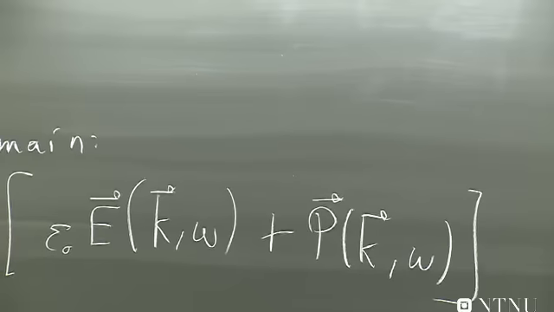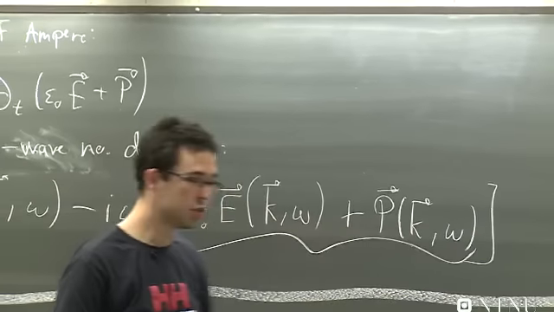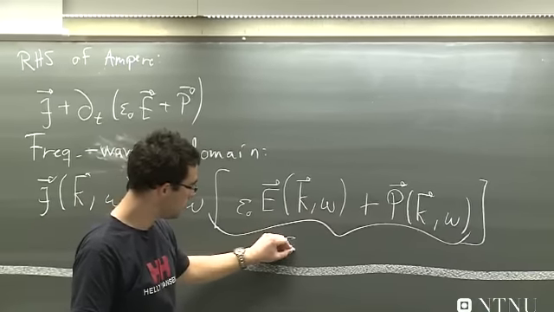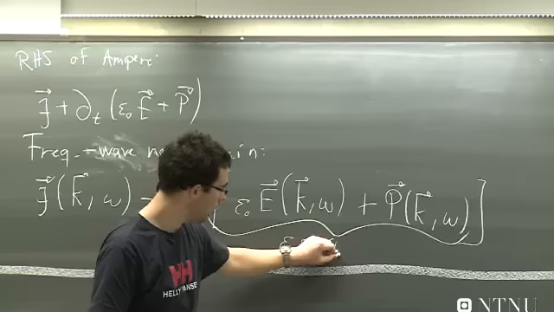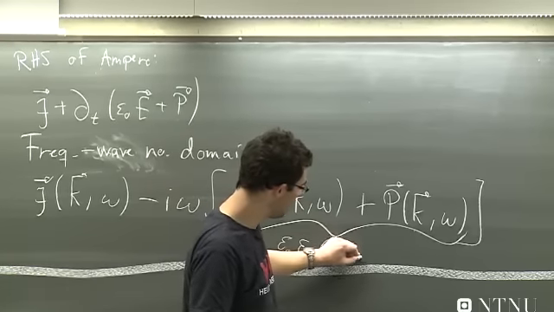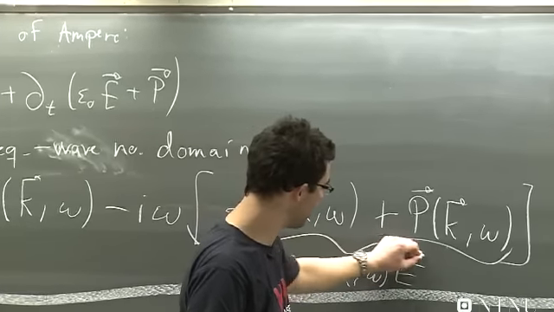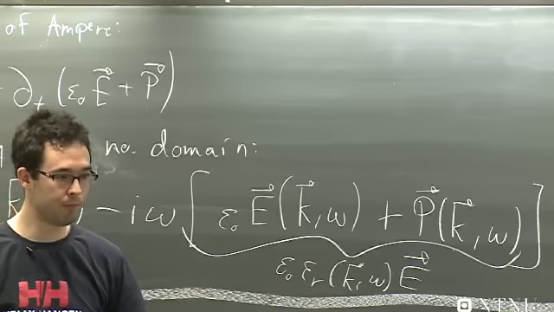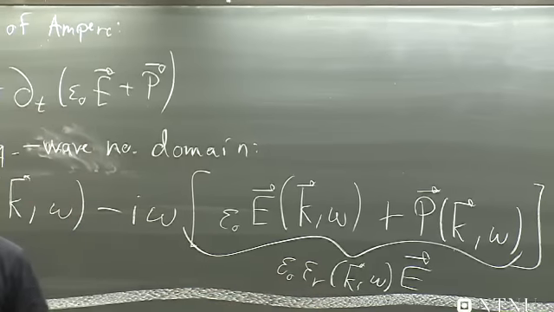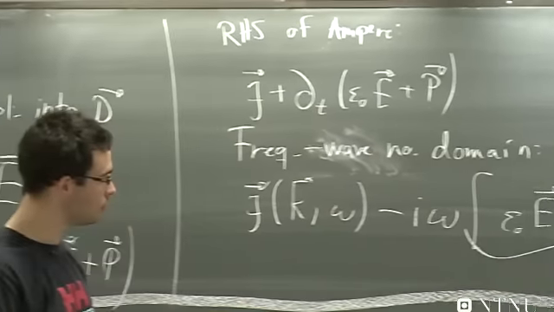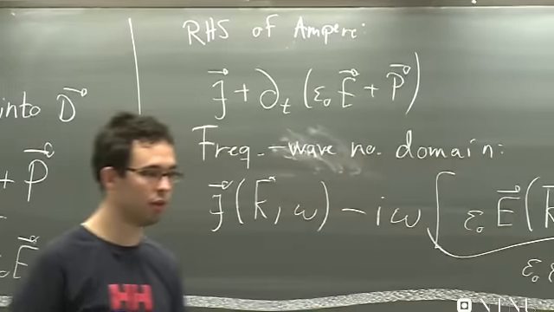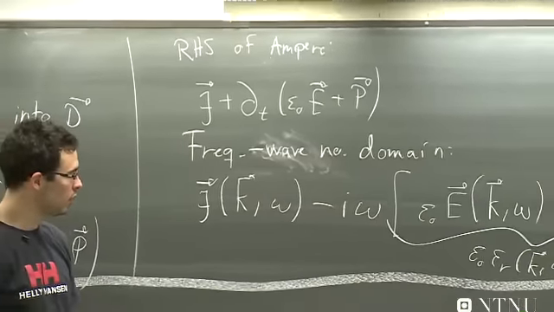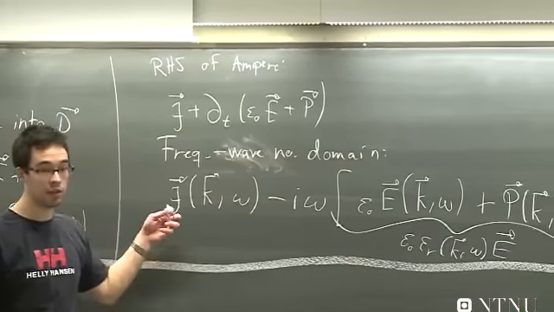And then we say that this should be epsilon naught epsilon_r of k and omega times E. So I basically put all the polarization into the dielectric function. That was the idea of introducing the D field, right? So now we're going to see if you can get this term in there as well.